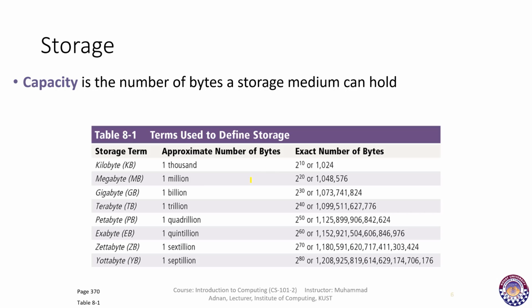So these are the capacities: a megabyte can store 1 million bytes, a gigabyte can store 1 billion bytes, a terabyte can store 1 trillion bytes, and a petabyte can store a quadrillion bytes. Then we have the exabyte, which can store a quintillion bytes, then the zettabyte, which can store a sextillion bytes, and last the yottabyte, which can store a septillion bytes.